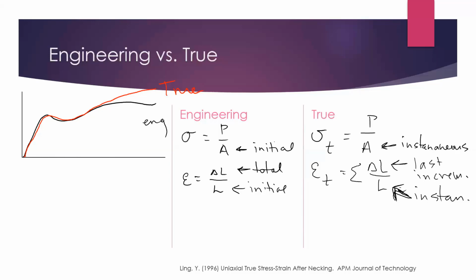If you do this, it is equal to the integral from your initial length to your final length of dL over L, which is mathematically equal to ln L minus ln L naught.